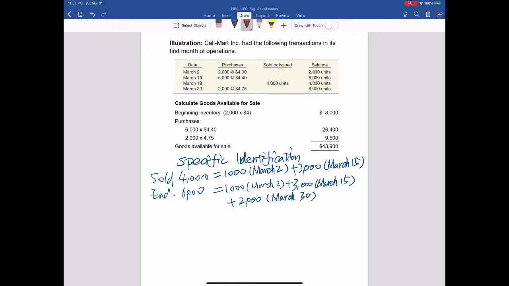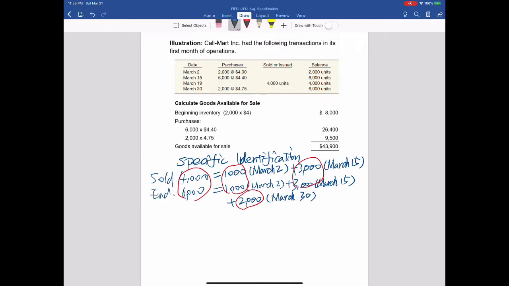Both combined is 10,000 units: 2,000 from March 2nd, 6,000 from March 15th, and 2,000 from March 30th. We can recognize from which purchase the inventory was sold or left as ending inventory.